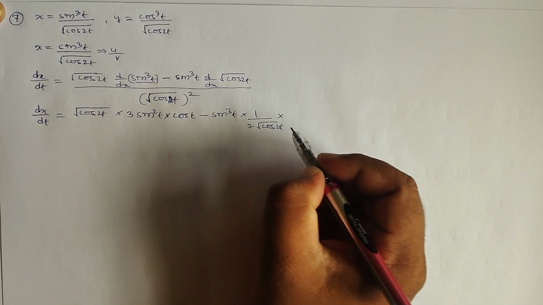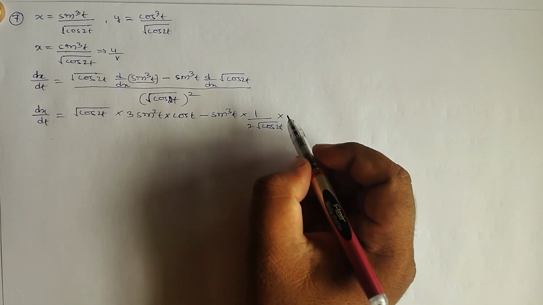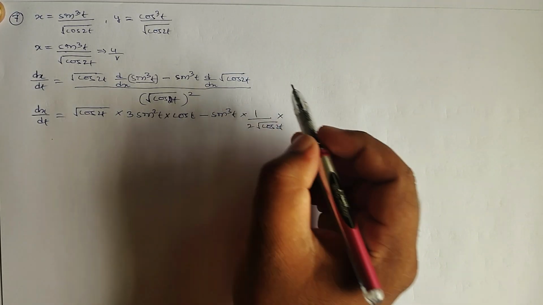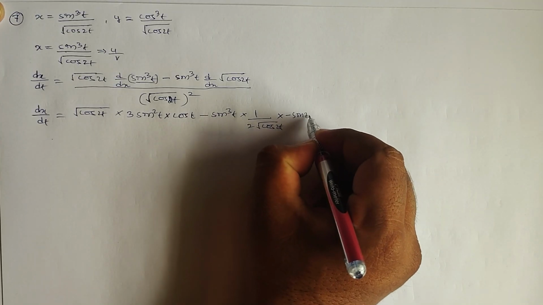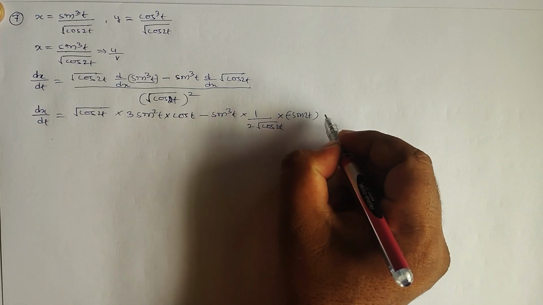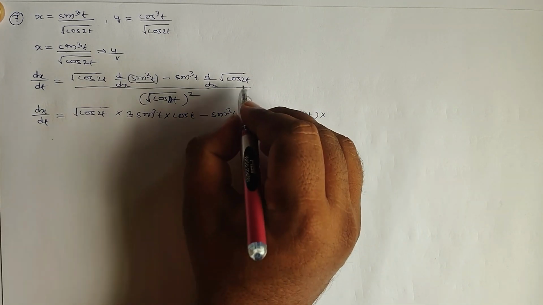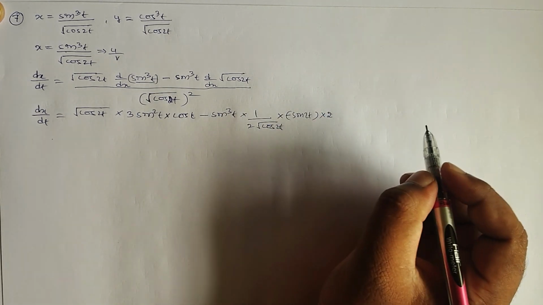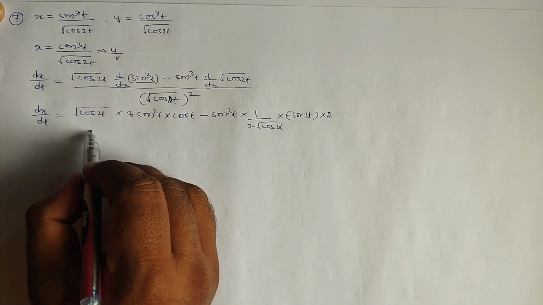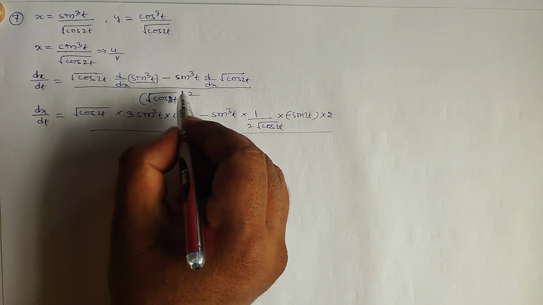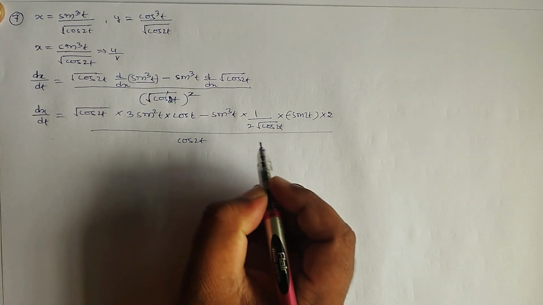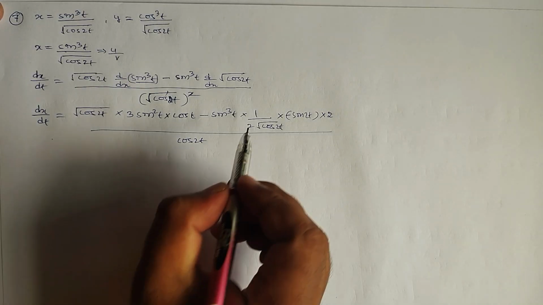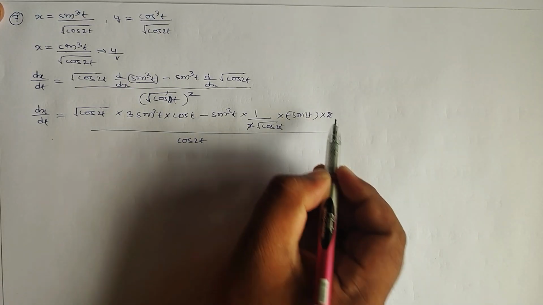In the place of root x there is cos 2t, so again the derivative of cos 2t becomes minus sin 2t. Then the derivative of 2t becomes 2. Okay, divided by root square, square cancels, that becomes cos 2t.